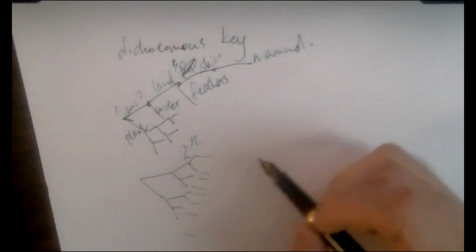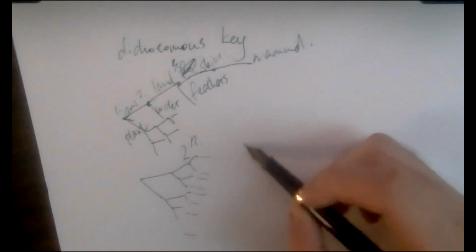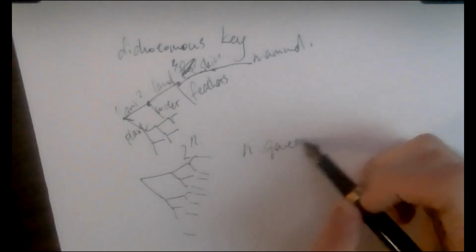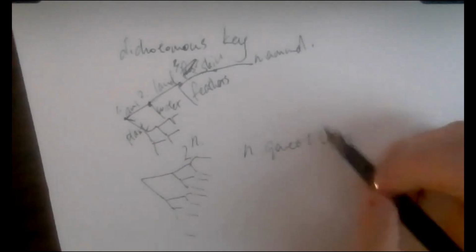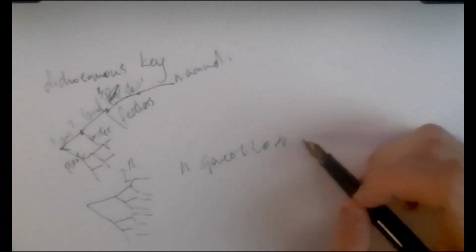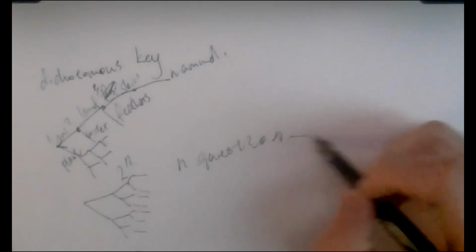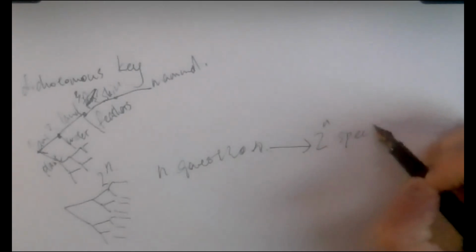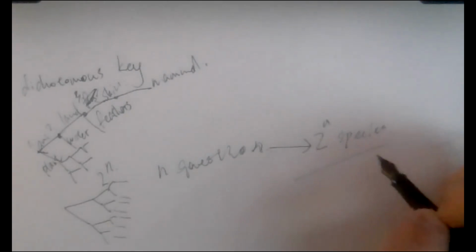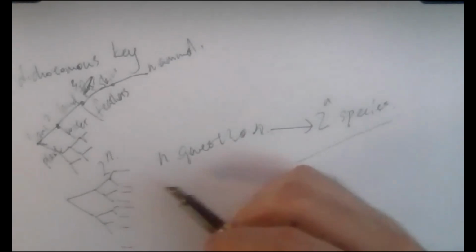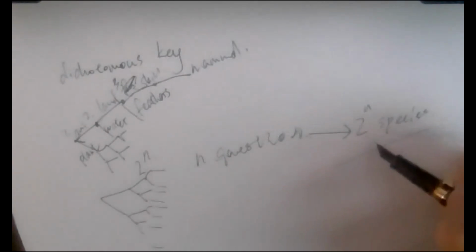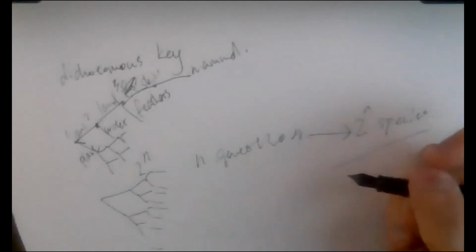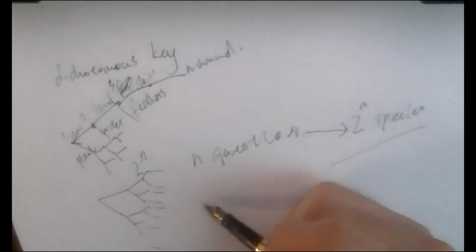So if I have n questions, in terms of computational complexity, you can classify 2 to the power of n species or subspecies at maximum.